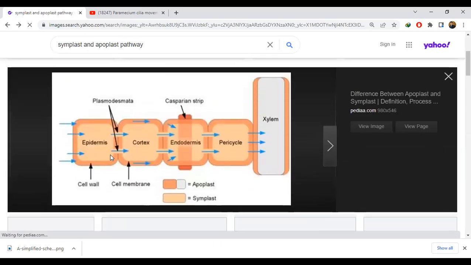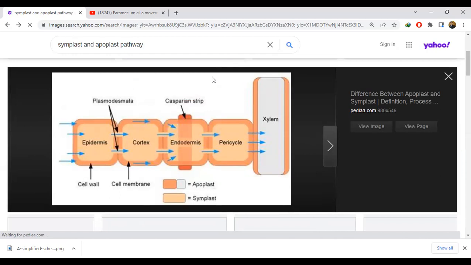If you take the apoplast route, it will go from one cell wall through the spaces to the next cell wall. That kind of route is what kind of route? Apoplast route.